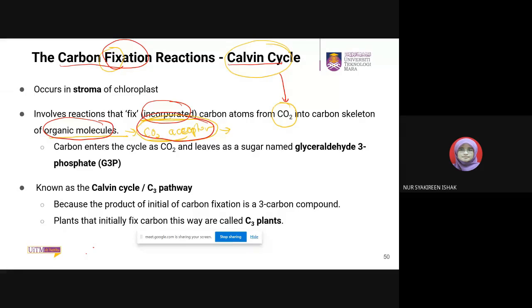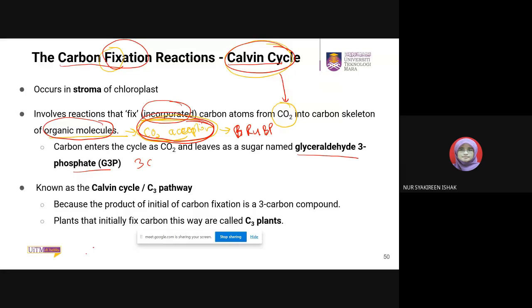For Calvin cycle, the molecule that functions as carbon dioxide acceptor is known as RuBP, ribulose bisphosphate. Carbon enters the cycle as carbon dioxide and leaves as a sugar named glyceraldehyde triphosphate, which is a 3-carbon sugar.